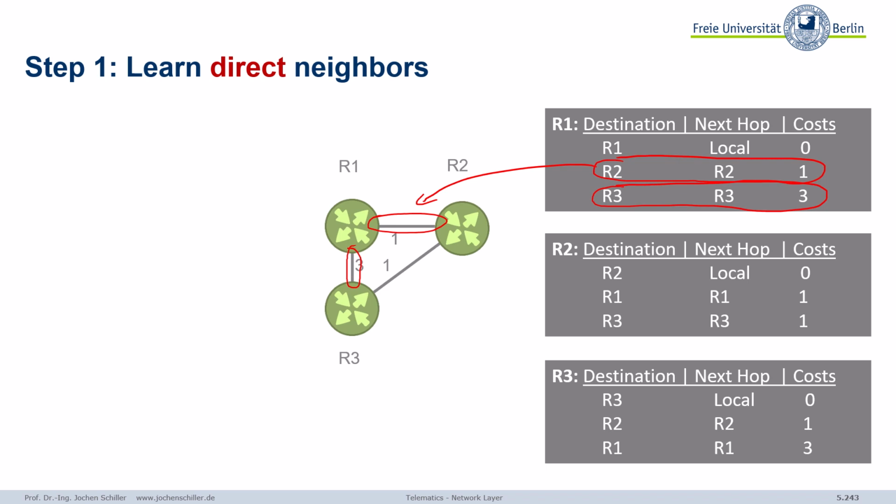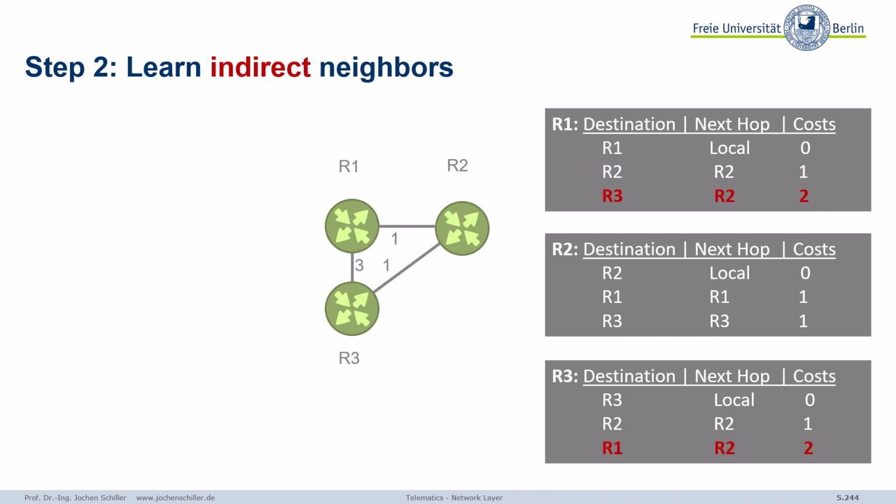Then we continue to exchange these tables. That means that router 2 will send this table also to its neighbors, which means that router 1 will learn, hey, router 2 sees router 3 at a distance of 1. Okay, that's interesting.